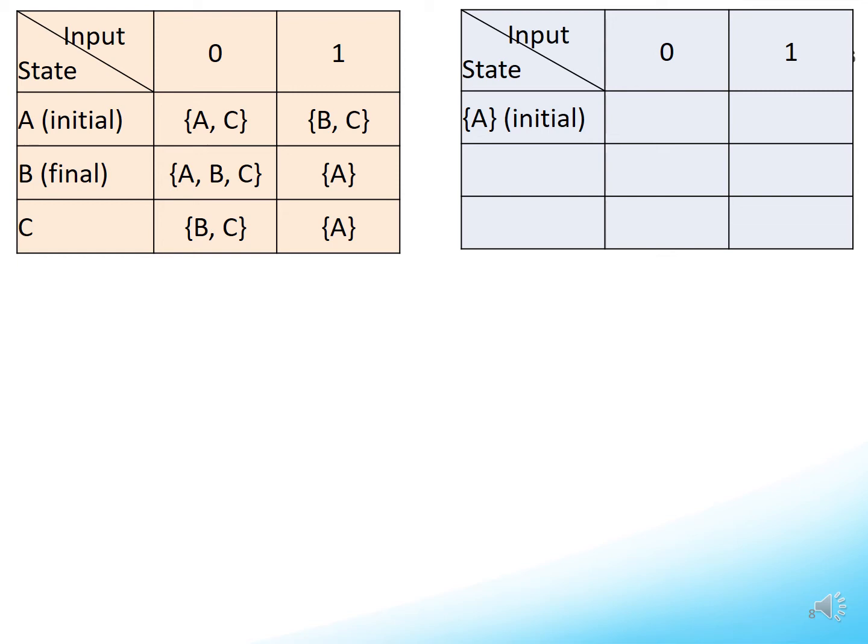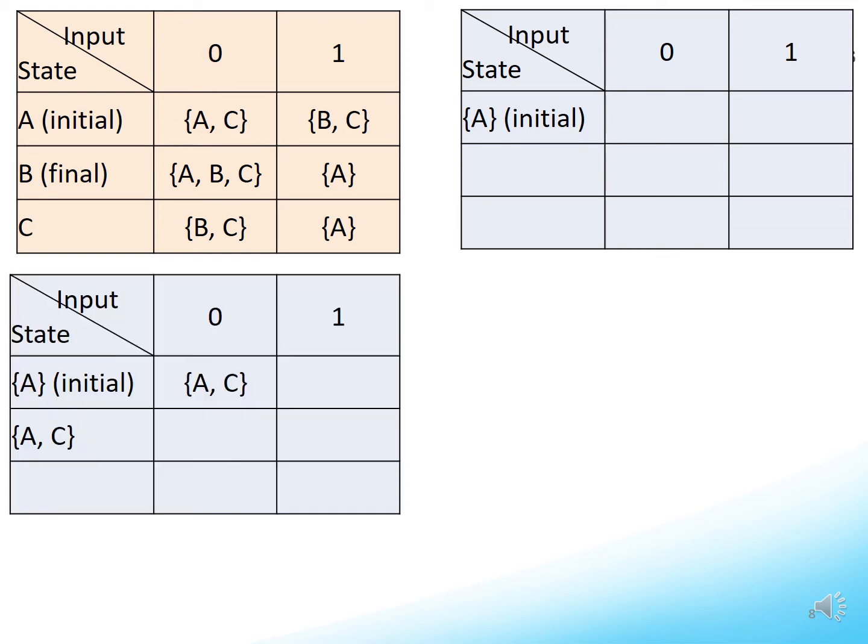Well, it will simulate the behavior of machine M1. So, in state A, machine M1 will move on input 0 to AC. So, the machine M2 will go to state AC. But here AC is treated as a single compound state, while in machine M1 it is treated as two separate states.